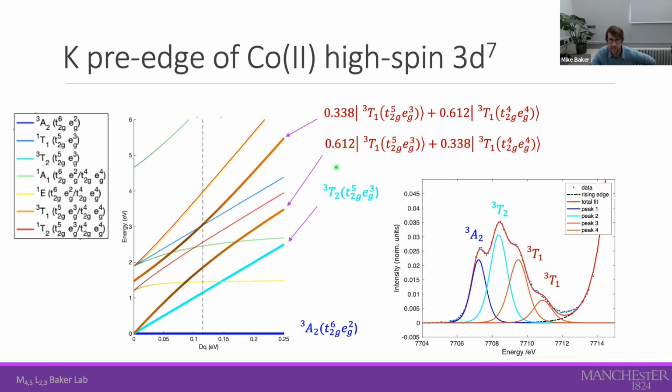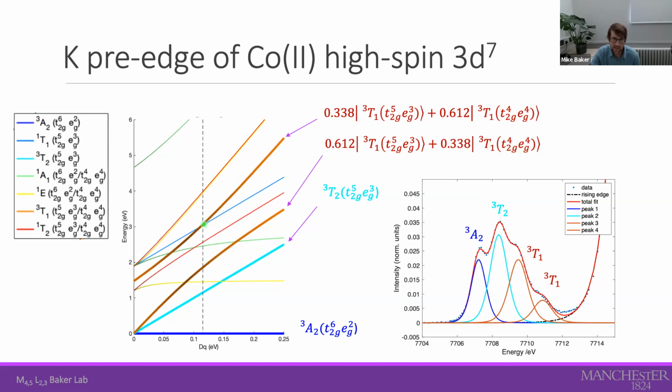The first state has around 60% t2g5 eg3 electron occupation, so an allowed transition, where there is also around 34% of what would formally be a not allowed transition, since we've excited simultaneously an electron between the t2g and eg orbitals, in addition to the 1s electron excitation.